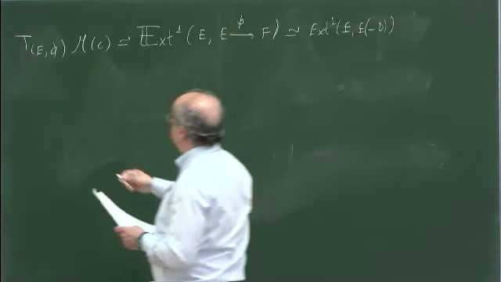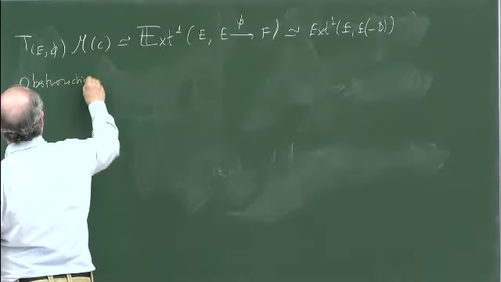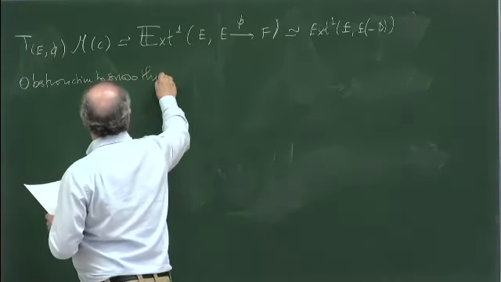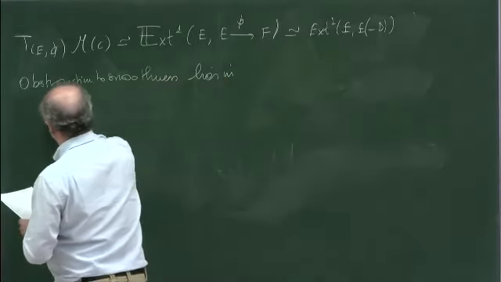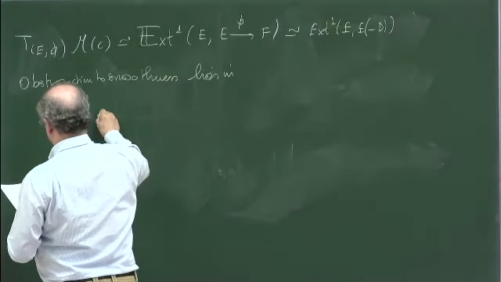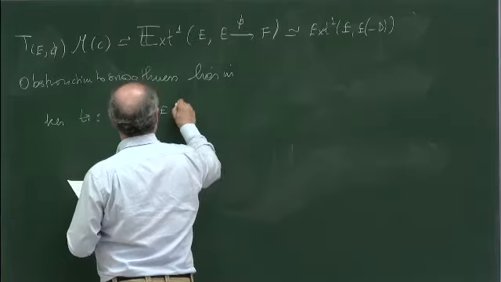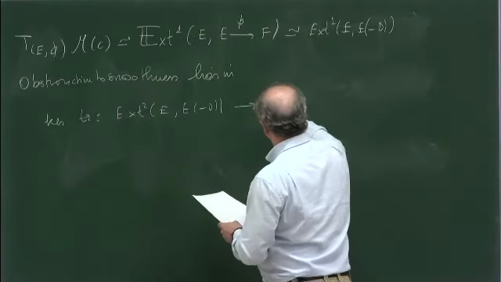And you can show that the obstruction to the smoothness lies in the kernel of the trace map from the corresponding second Ext group to the second cohomology of O(-D).